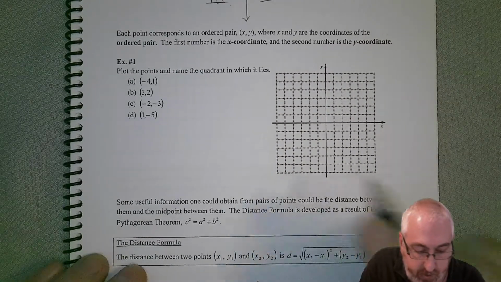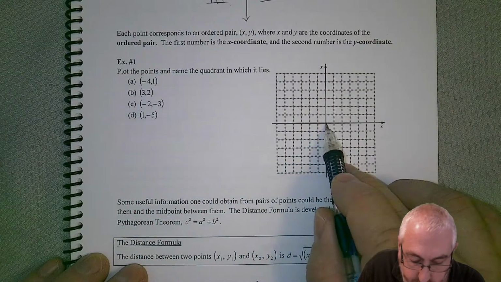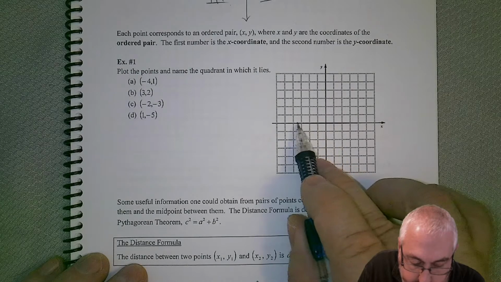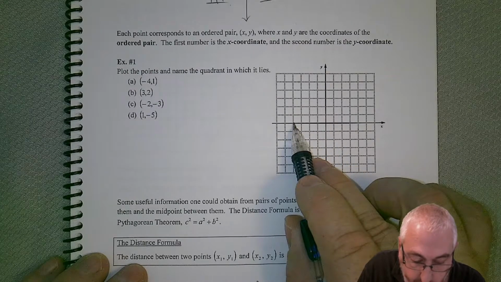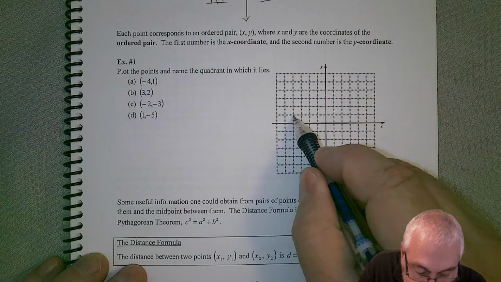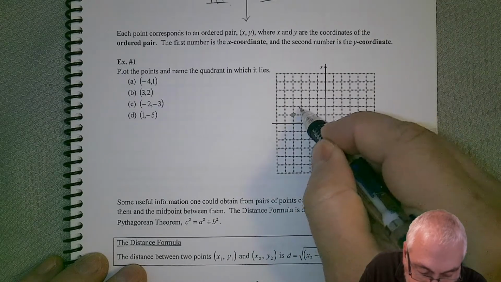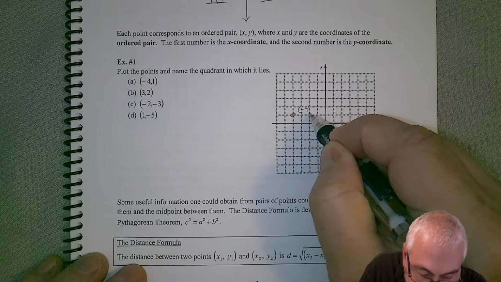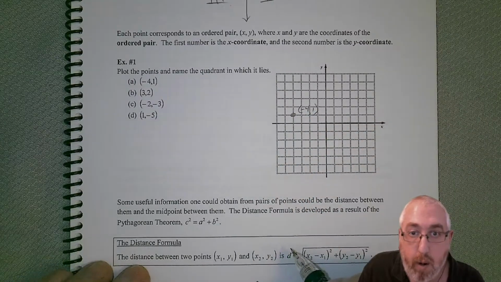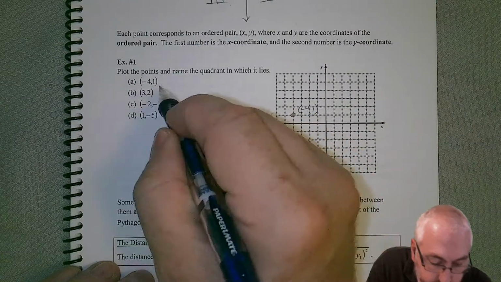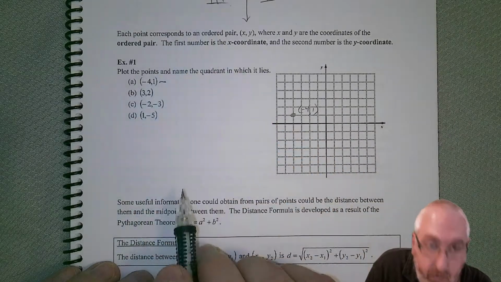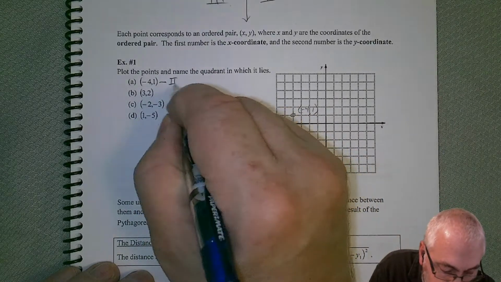So now for this one, -4, 1. If we start at the origin, we can work our way to the left 4 units, and then we want to go up 1 unit, which puts us right here. And we can label it. It's -4, 1. And the quadrant, based on up above, we can quickly see that should be quadrant 2.